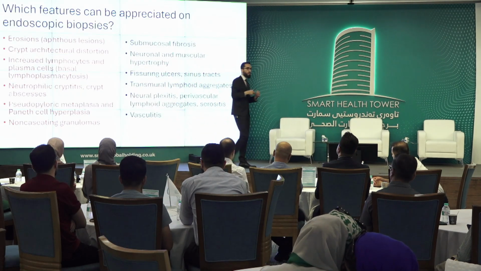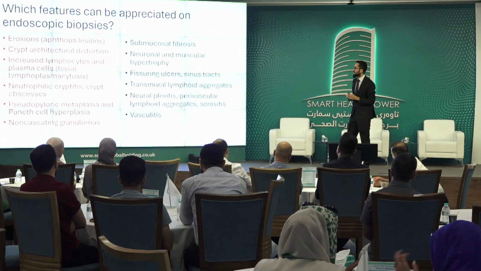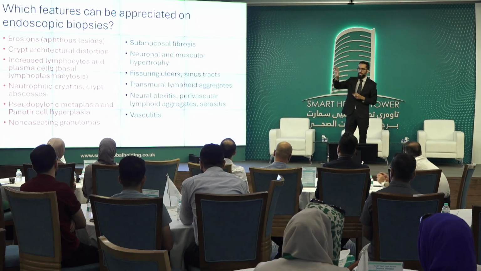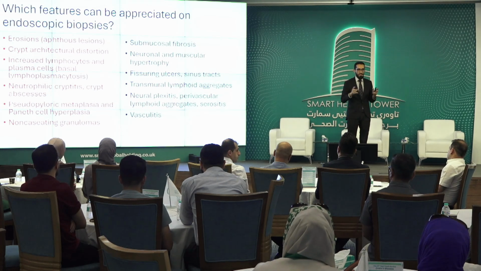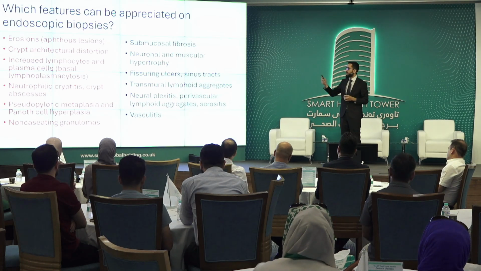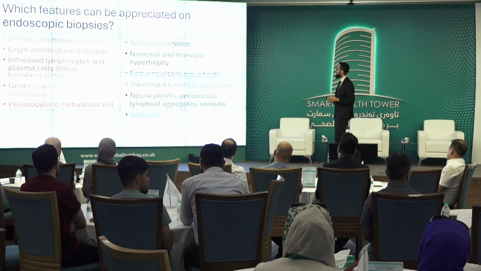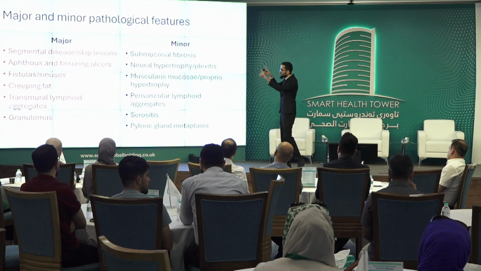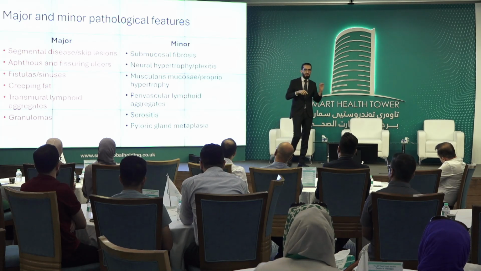So, do we see all of these features within an endoscopic biopsy? No, we don't. We only see the features that are present in the mucosa and in the upper submucosa. So anything deeper than that will only be seen within a resection specimen. And that's why the hallmark features like transmural lymphoid aggregates are not seen on an endoscopic biopsy. And among these features, some of them are major defining features, and the others are just minor secondary supportive features.